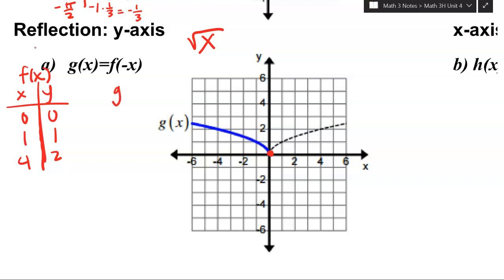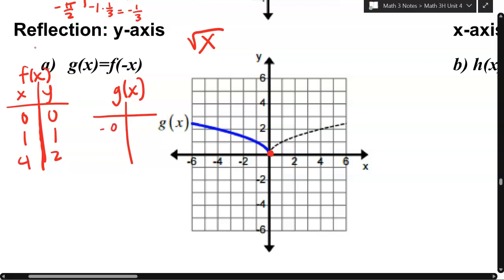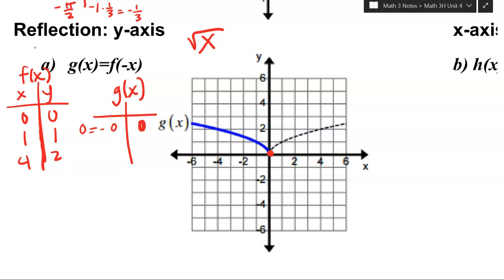All right, g of x, if we're applying that negative to our x values, so negative 0, which is just 0. And then we have 1 and 1.